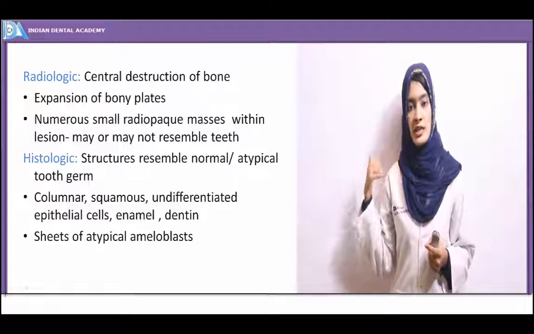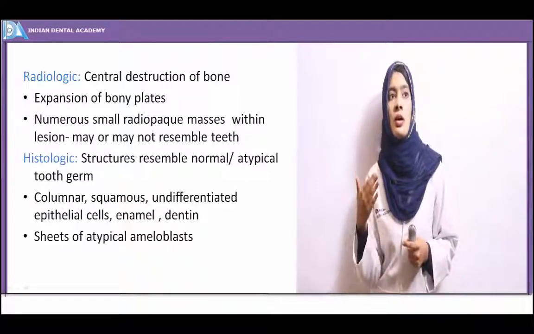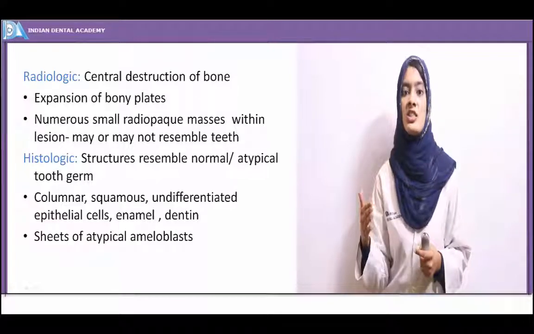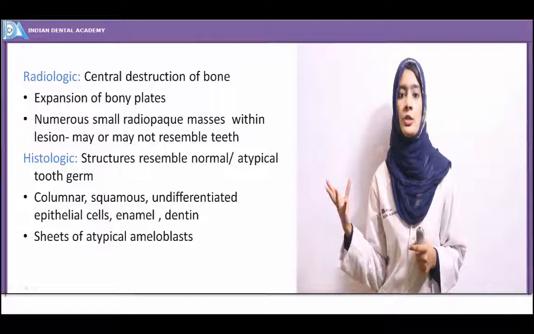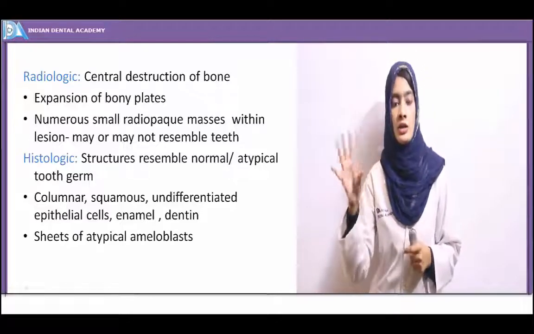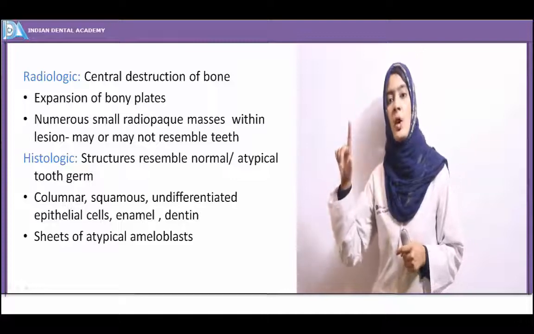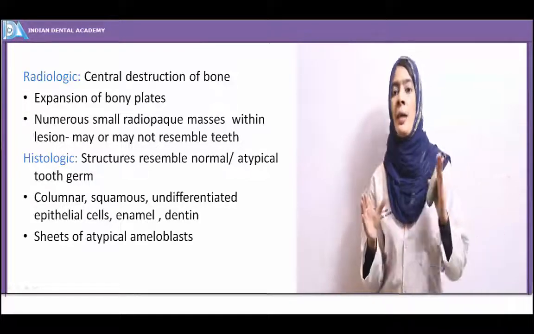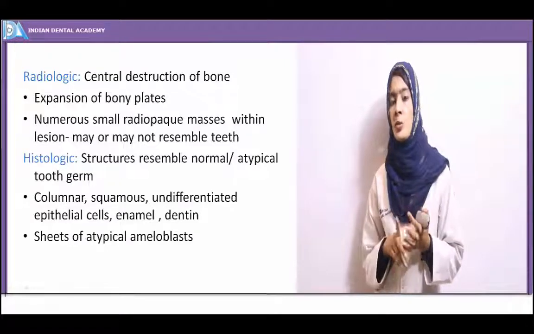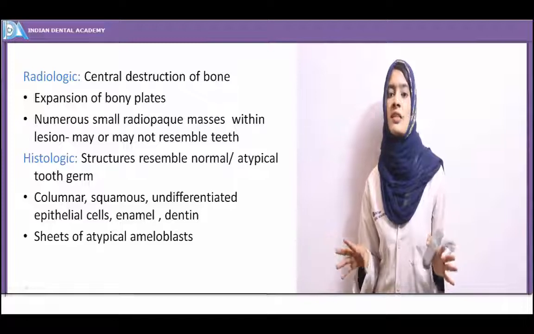When you study this picture histologically, you see that the calcified structures present resemble the normal tooth germ or the atypical tooth germ. Enamel and dentin tissues are present but disorderly organized, and the epithelial component again shows the same features as the ameloblastoma epithelium. There are columnar, cuboidal or squamous epithelial cells arranged in different patterns.